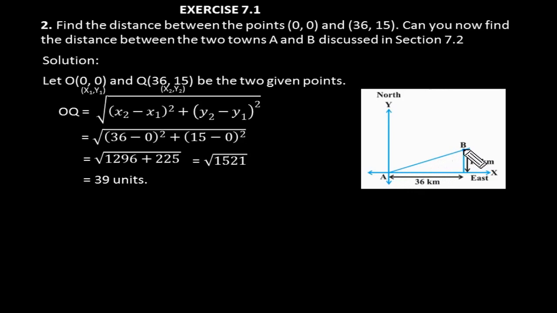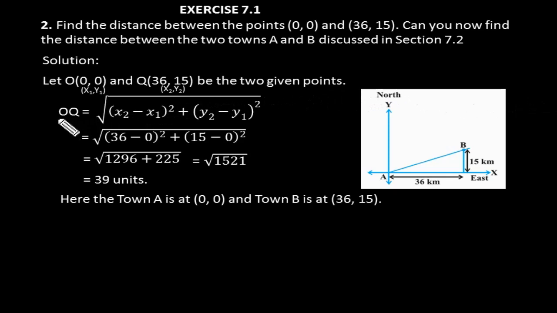And what is the coordinate of B? The x coordinate is 36 and the y coordinate is 15. So it becomes 36, 15. So here the town A is at 0, 0 and town B is at 36, 15.